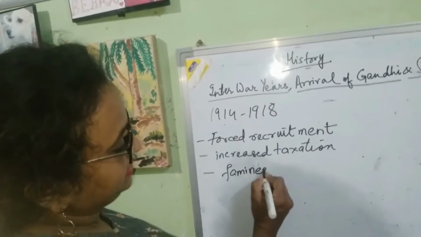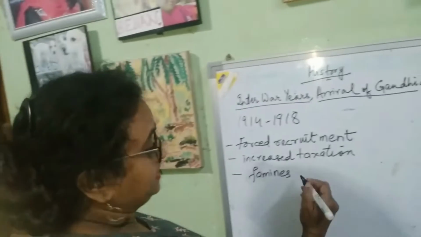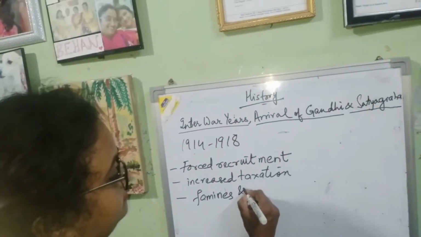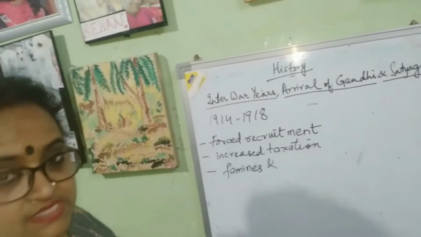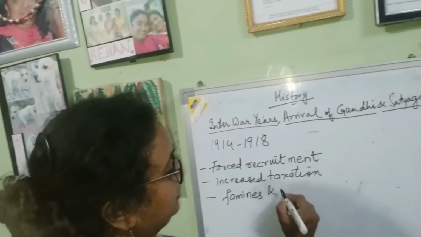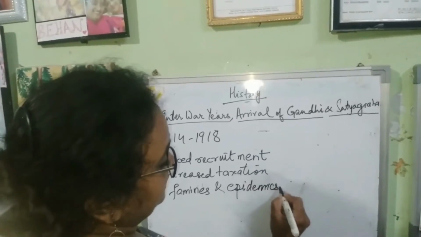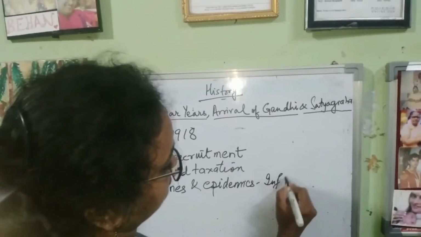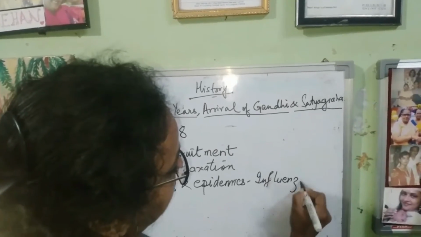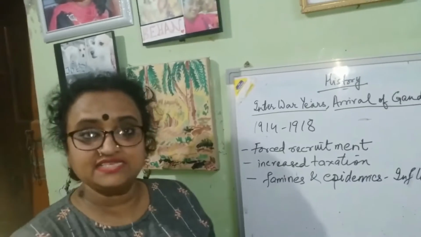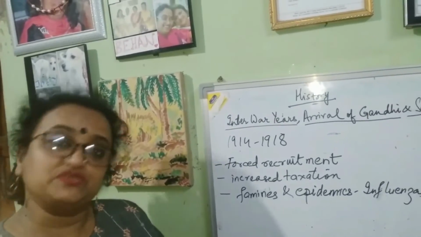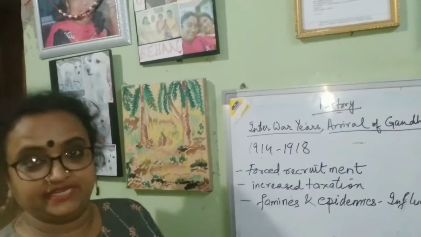I told you that there were a lot of famines and failure of crops, famines and epidemics like influenza. So a lot of famines and epidemics were faced by Indians, and sadly the British government, which was supposed to help them out, never did that.